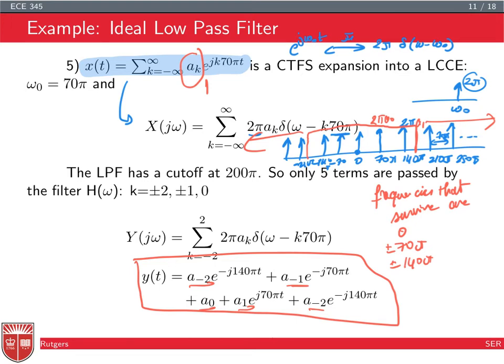So I think the main takeaway here is how convolution works, especially in terms of filtering, in terms of the low pass filter that only lets frequencies in a certain interval go through. And now in the next few slides, I'm going to talk about other kinds of filters.